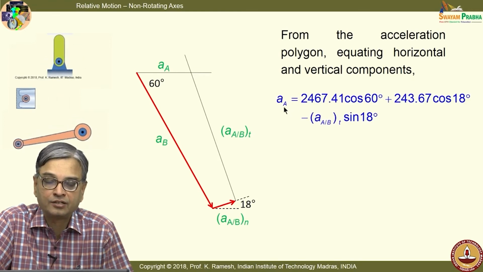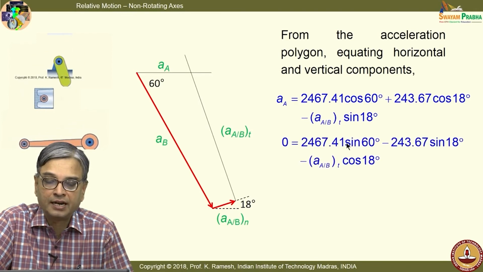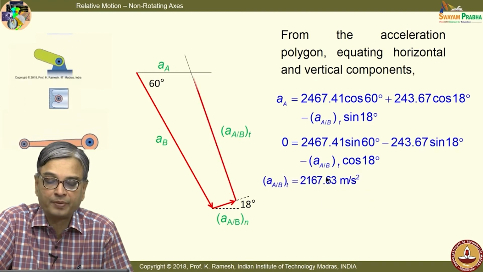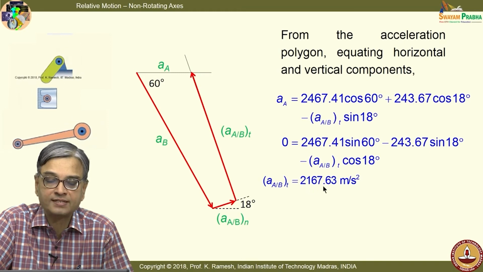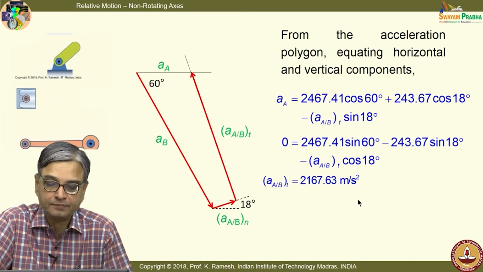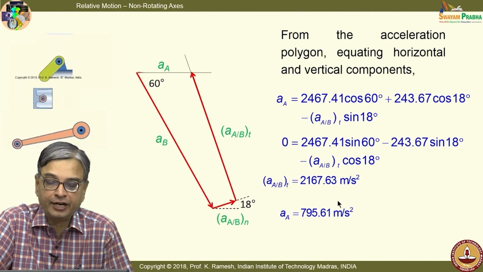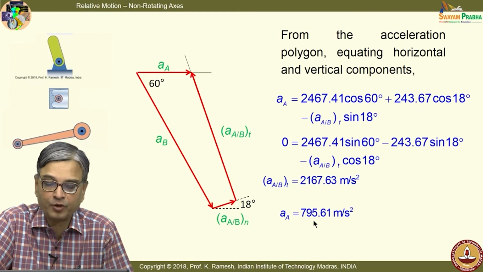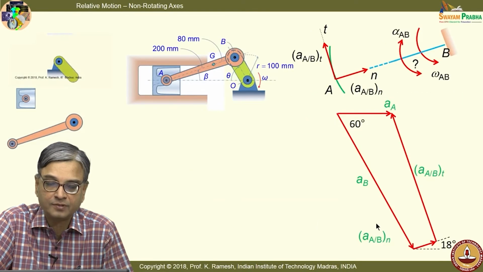I can do this, AA is so much, and I am in a position to calculate the tangential component, that turns out to be 2167.63 meters per second squared. And we already know what is the acceleration of A, 795.61 meters per second squared.